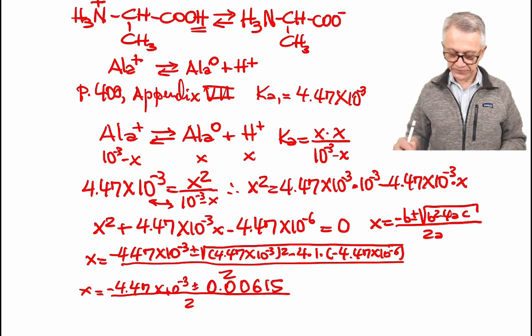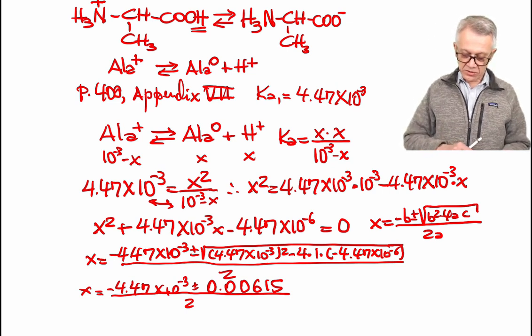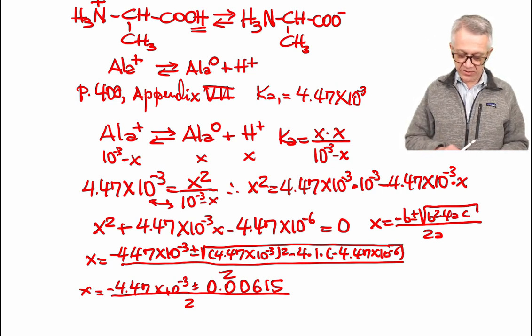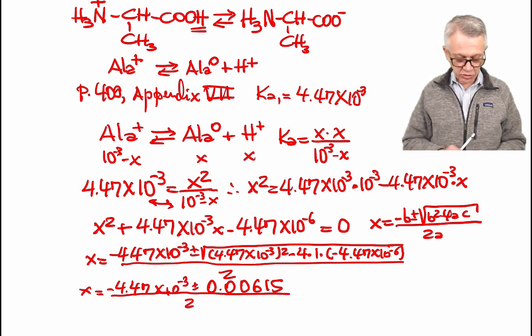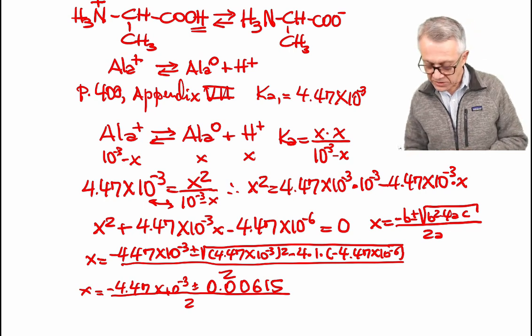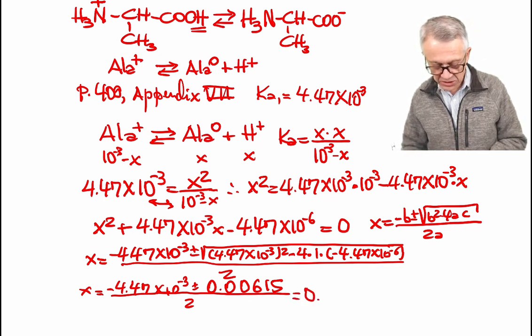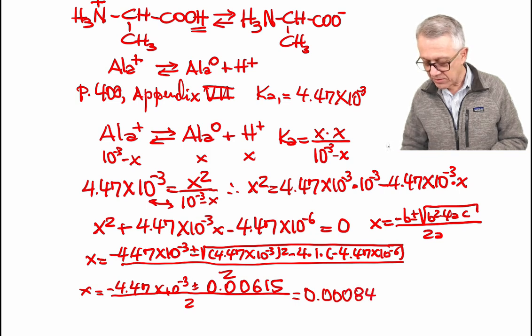0.00615. Now we have 0.00615 minus 4.47 times 10 to minus 3, which gives 0.00168, and divide this by 2. It's going to give us 0.00084 molar.